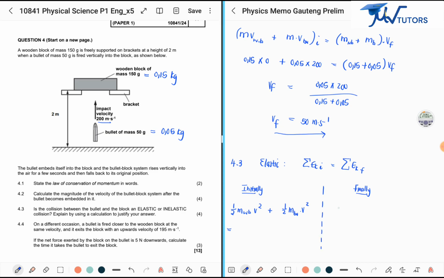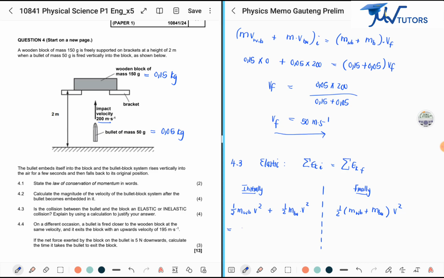And then finally, we have half times the mass of the wooden block plus the mass of the bullet, and then we have that velocity squared. Okay, and let's see what happens then.